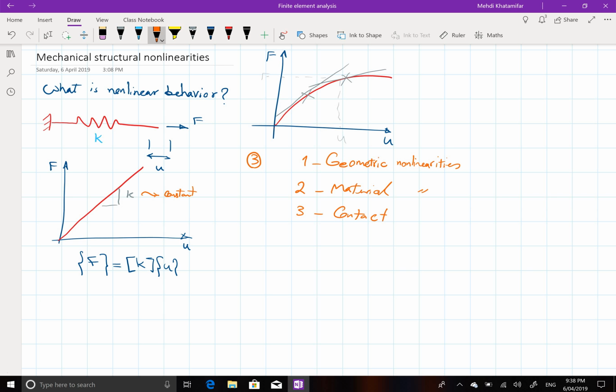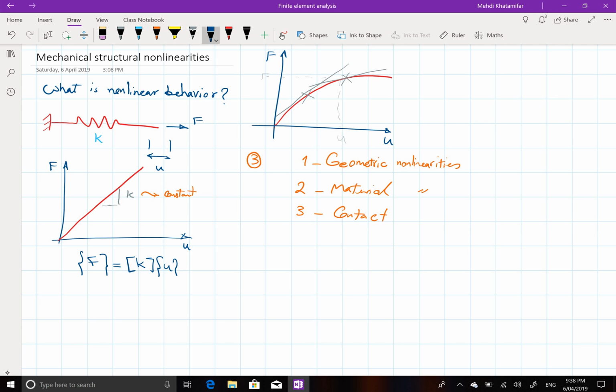Okay. So what ANSYS does is creating an iterative process and using linear approximation to solve this nonlinear behavior. So let's see what ANSYS is going to do for this case.